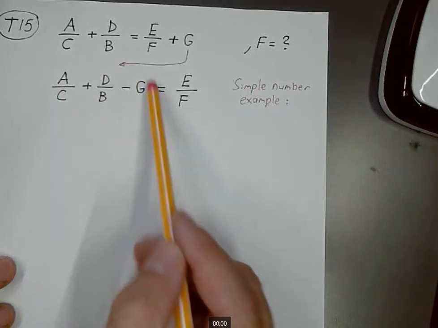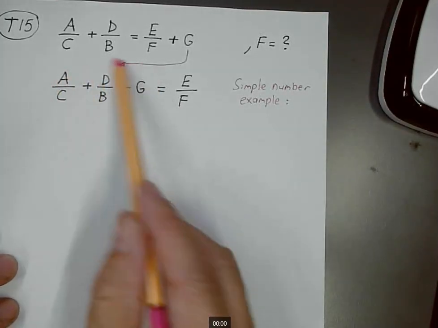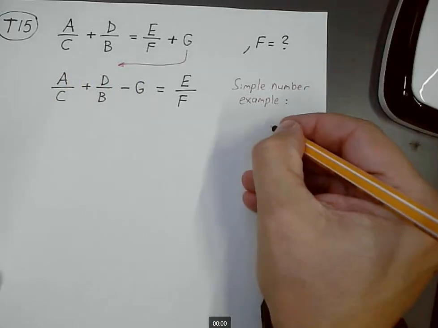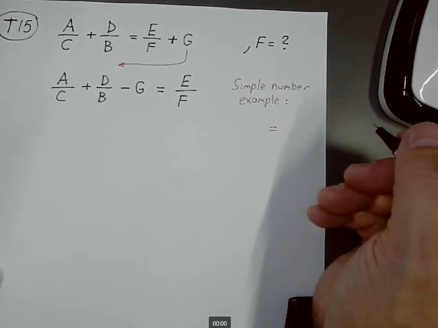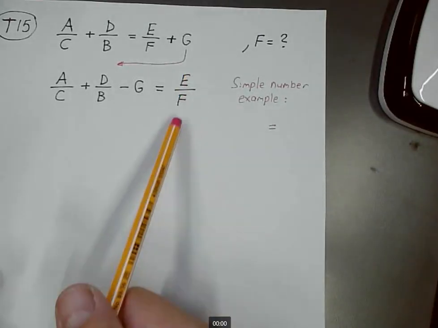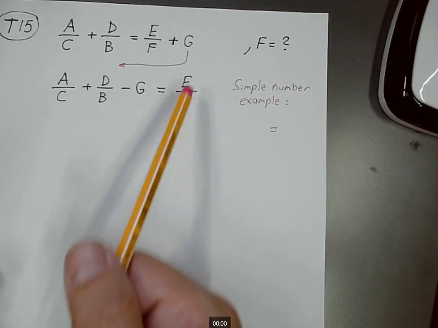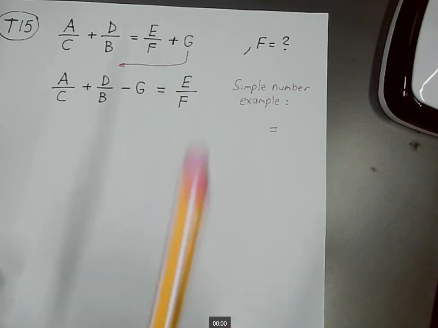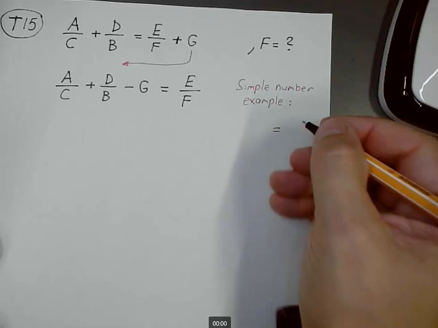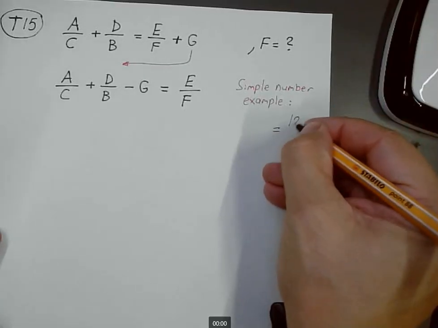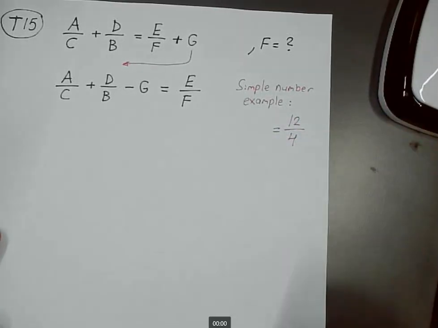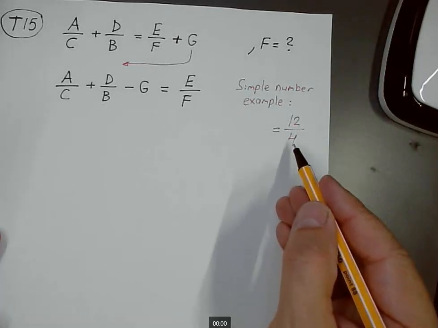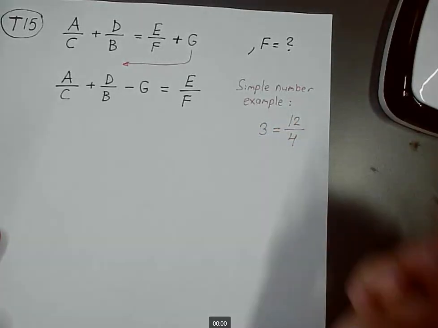I collect this part, and I think of this as some simple number. For example, no, well, it is easier to start on the right hand side. So we have here a division with letters E and F. Let's take simple numbers. For example, 12 divided by 4. And we simply know that 12 divided by 4 is 3.